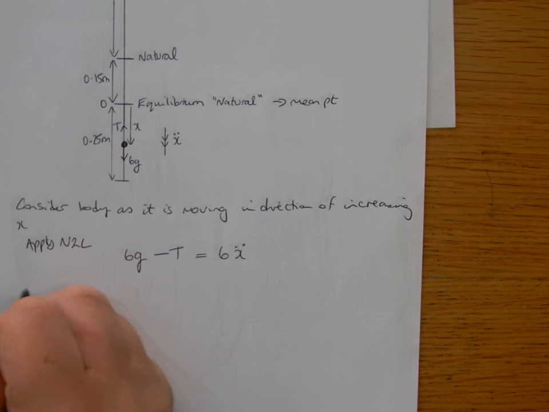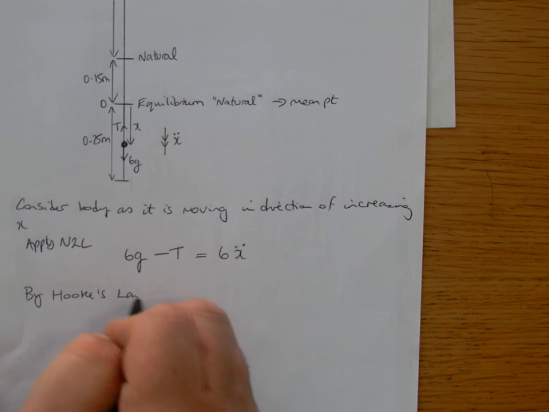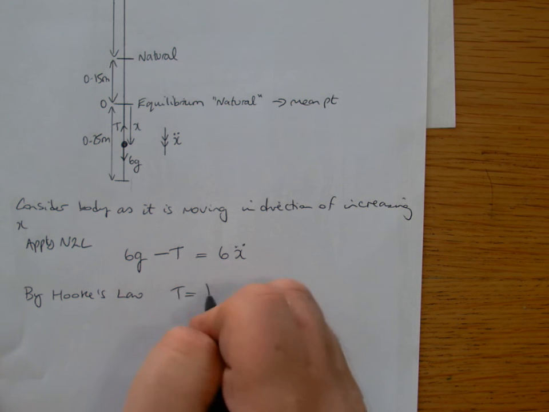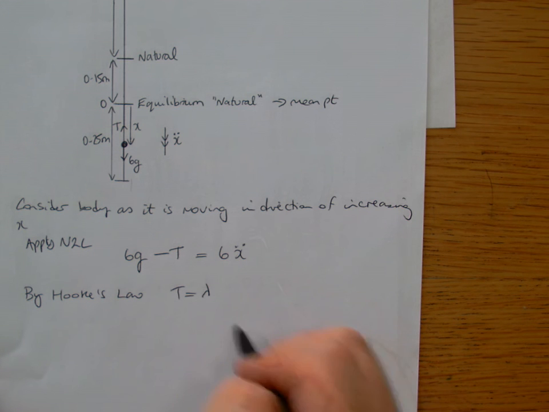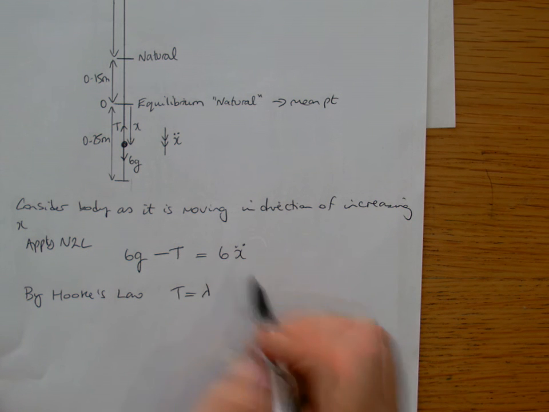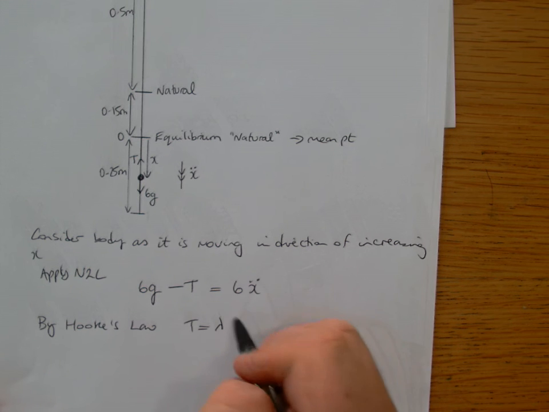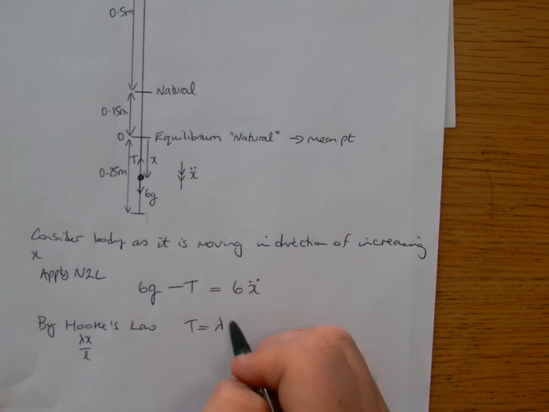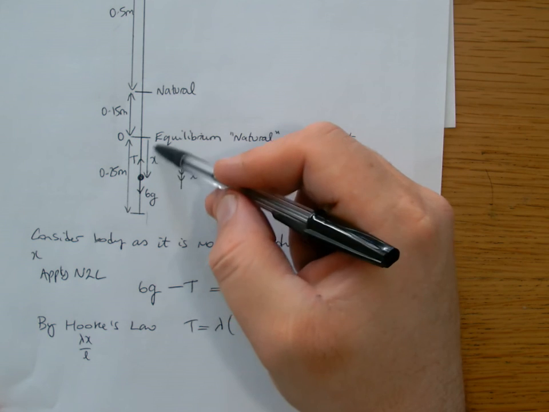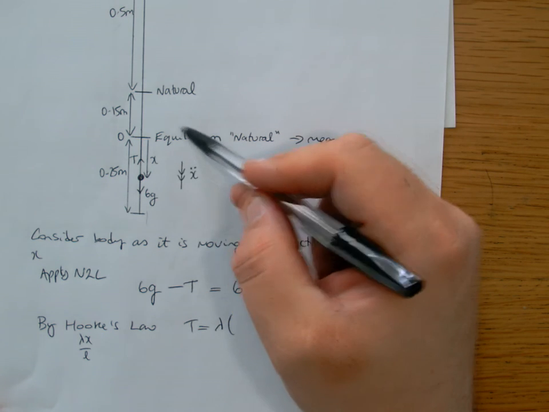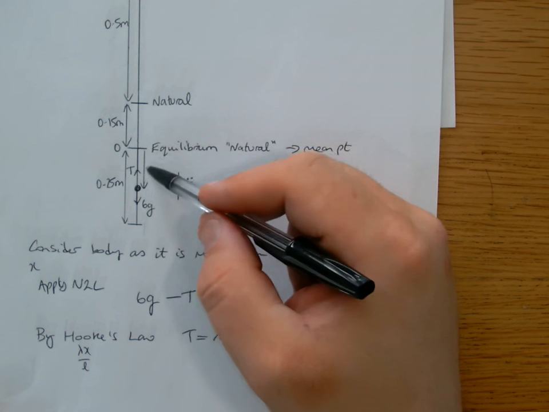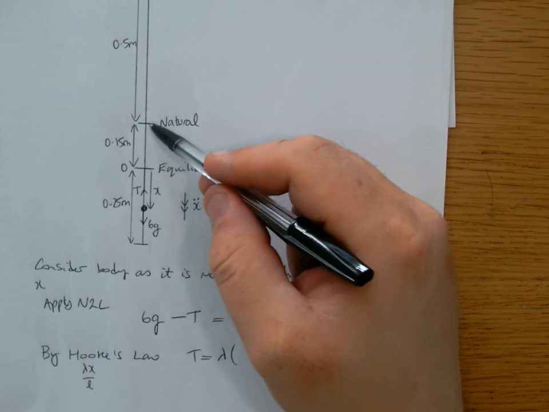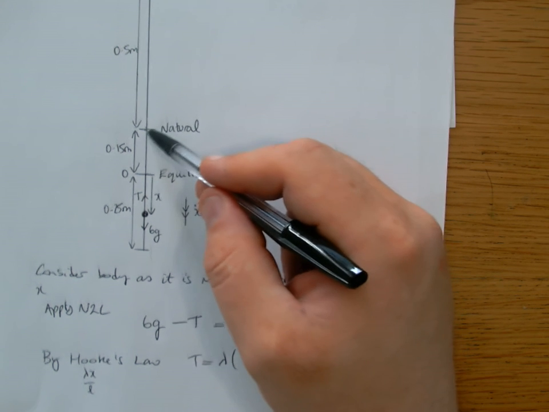So we can work out the tension by Hooke's law. So T equals lambda. Now let's think about what the extension is. We've got to be really careful here, because we're using the formula lambda x over L. Now the extension in this case is x from the equilibrium, but remember the actual extension in Hooke's law is from the natural position of the spring.